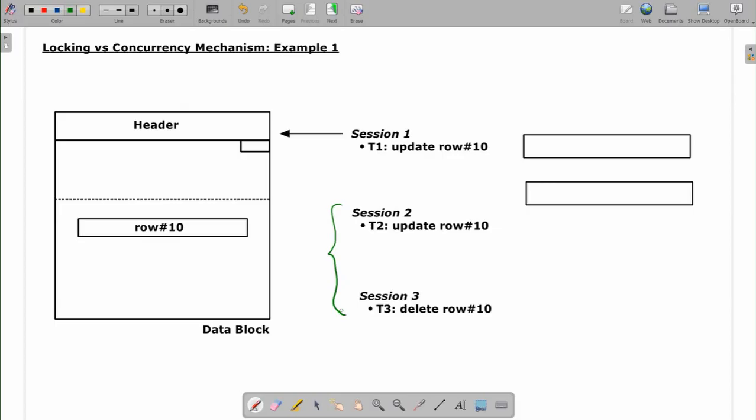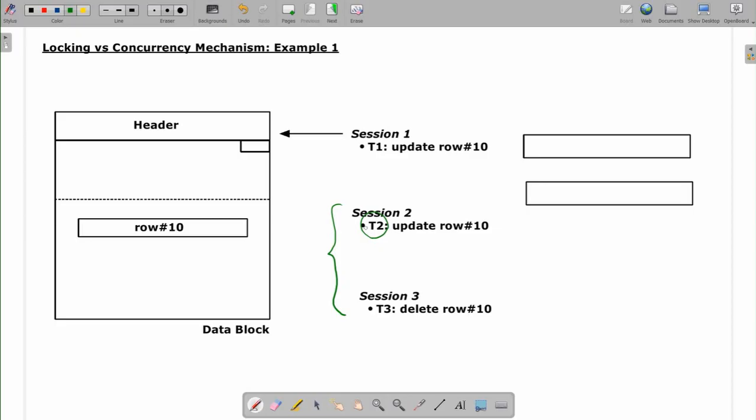Initially session 1 requested a row for the update statement, so there was a locking mechanism blocking other sessions, because the block header indicated the status of a row. But session 1 committed. Then which session must be served first? From this example, I can say session 2.